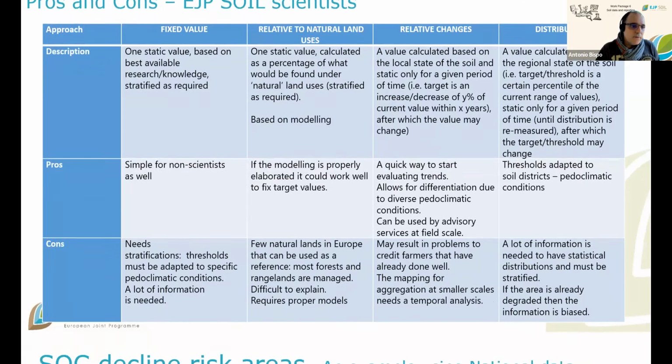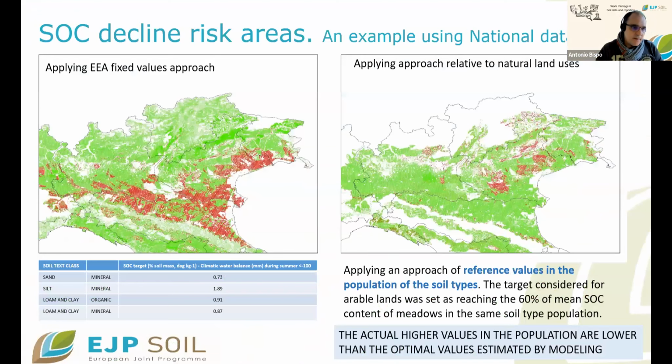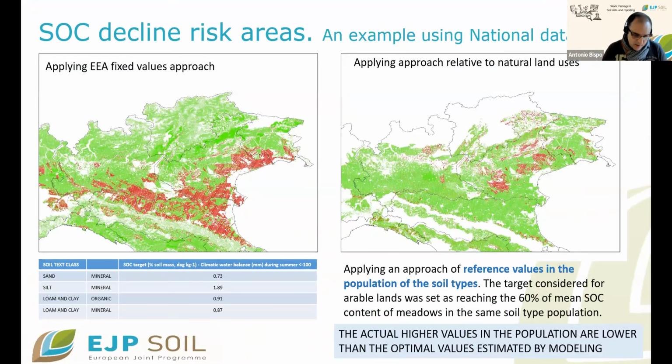And the colleagues from Italy are starting to test those different ways of deriving thresholds and target values. On the left part of your screen, they apply the EEA threshold values, the table I showed you at the beginning that is stratified according to soil texture.